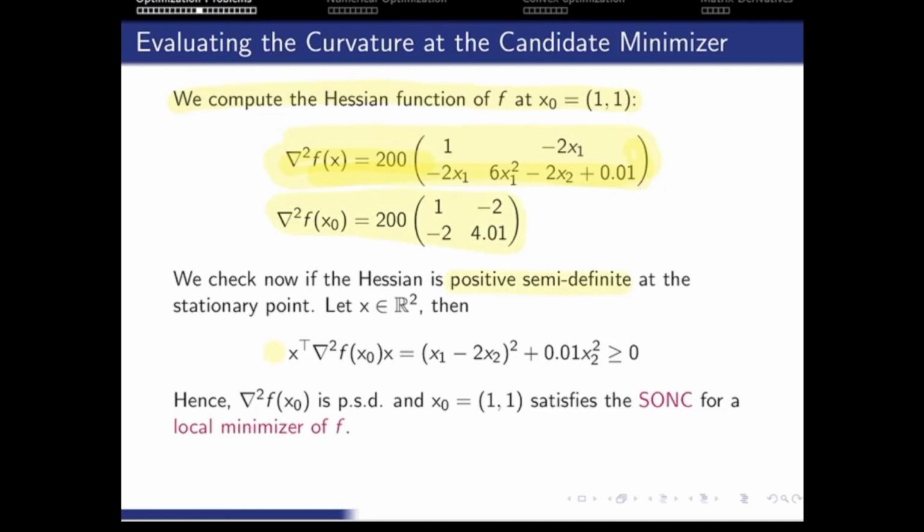So we take any vector x which has the coordinates x1 and x2, and if we multiply this term here, then we get this term. And this again is a sum of quadratic terms, so it's always larger than or equal to 0. So the Hessian is positive semi-definite, and our candidate point satisfies the second order necessary condition for a local minimizer of f.